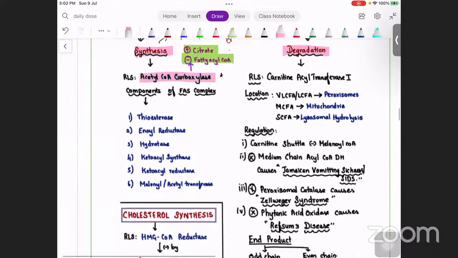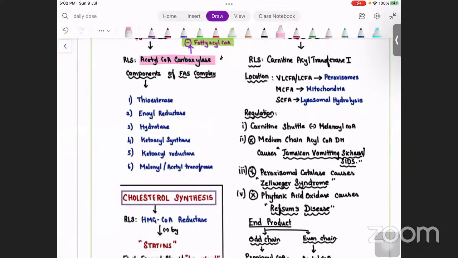The components are thioesterase, enoyl reductase, hydratase, ketoacyl synthase, ketoacyl reductase, and malonyl or acetyl transferase. These are the 6 enzymes which belong to the fatty acid synthase complex. They may ask it as a negation question, so be careful.